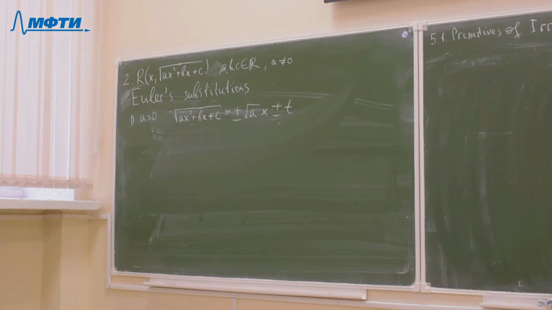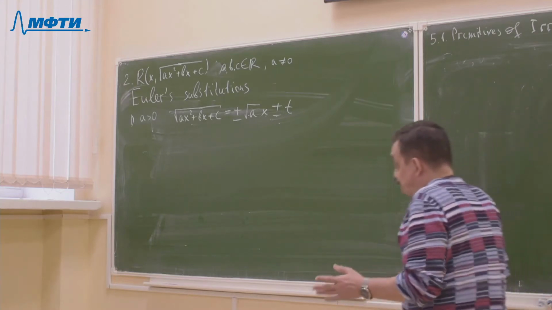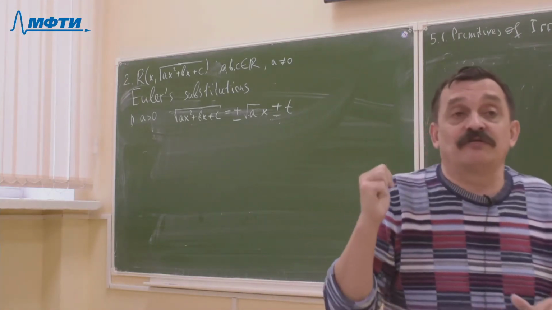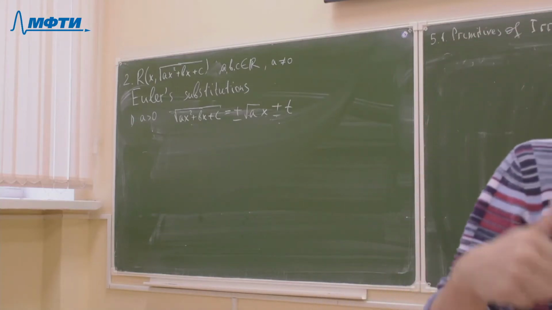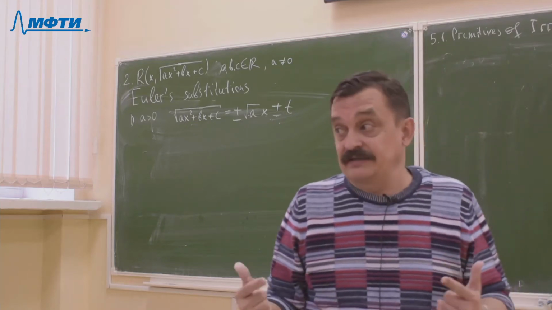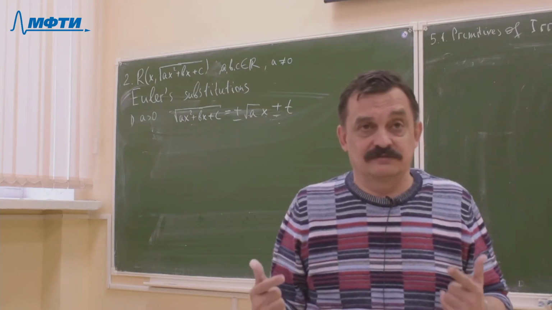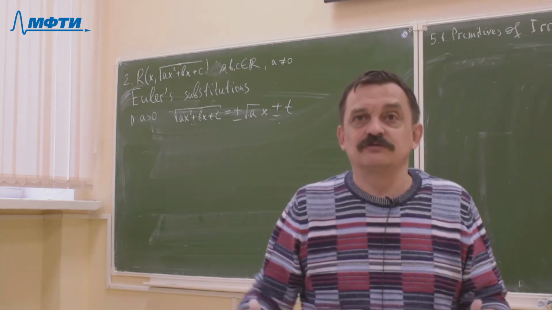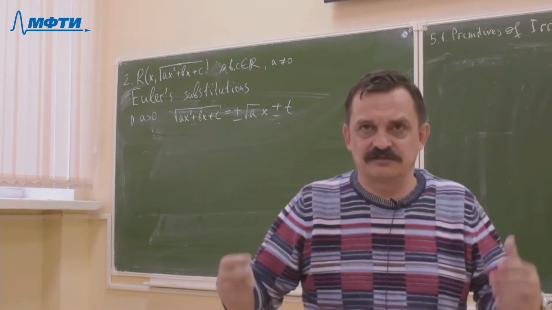Unfortunately, there is no precise recipe for what to choose, because, in fact, I'll show now that any of those substitutions gives you an integral of a rational function. But what is the bad side of Euler substitution? The rational function in general is very huge.